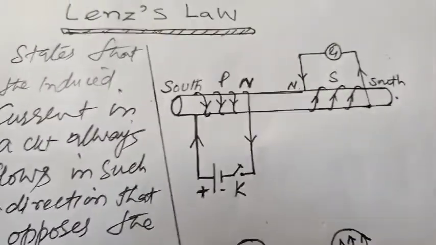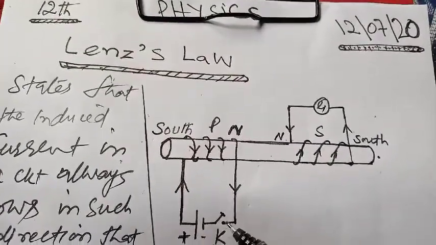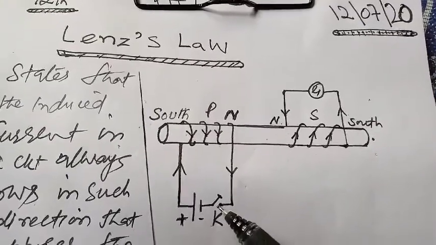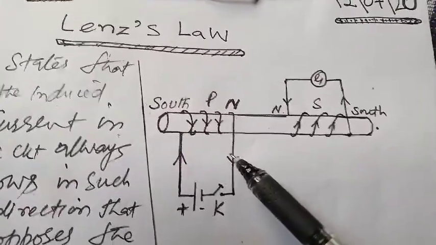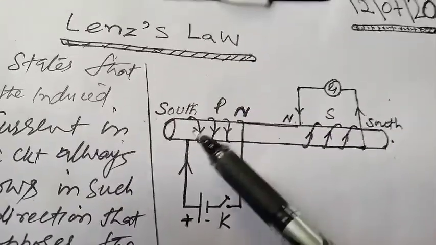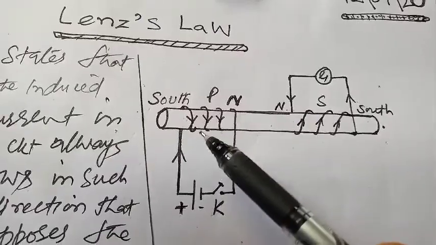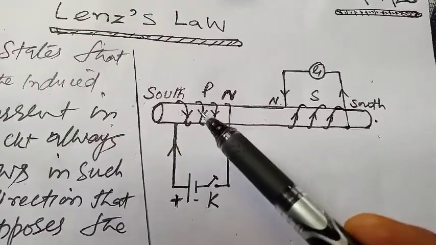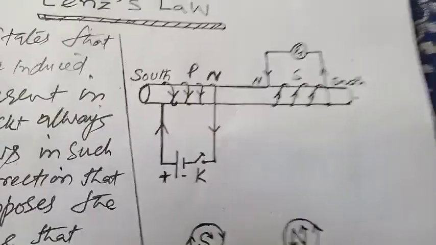Now, as the key is pressed, the current grows from 0 to some maximum value. During this, the magnetic field also increases from 0 to some fixed constant value. That means the magnetic field varies.